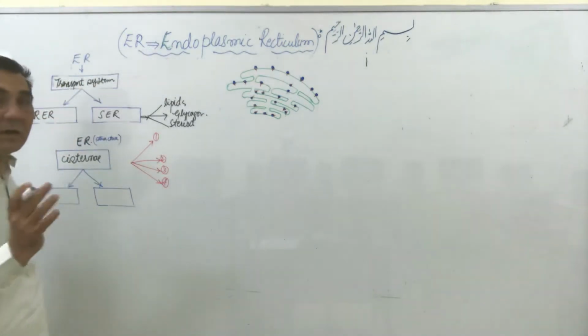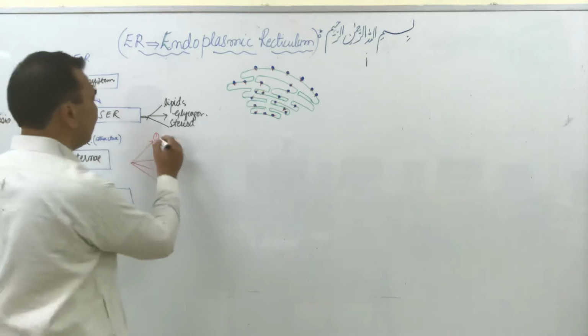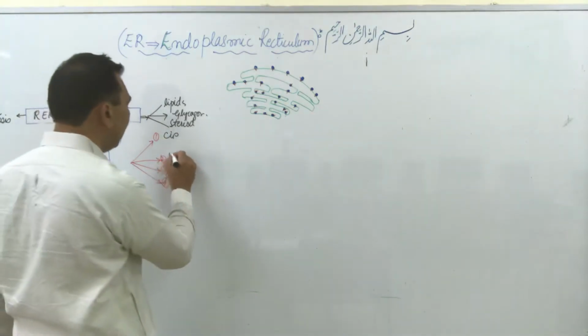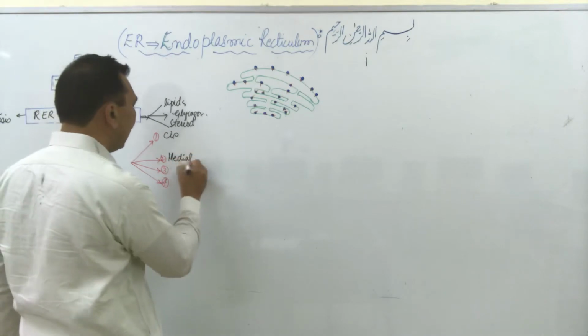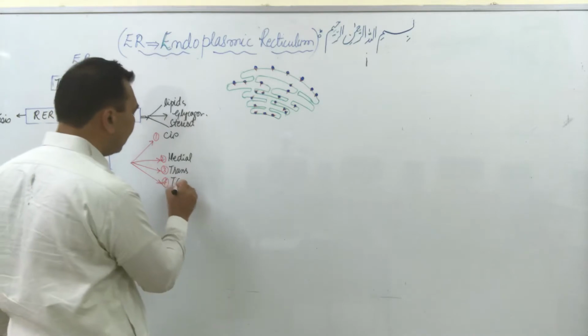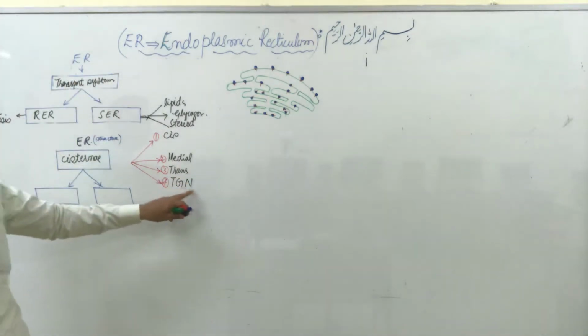The structure of the cisternae is again divided into four classes. The first is called the cis, the second is the medial, the third is the trans, and the fourth is the DGN, the trans-Golgi network.